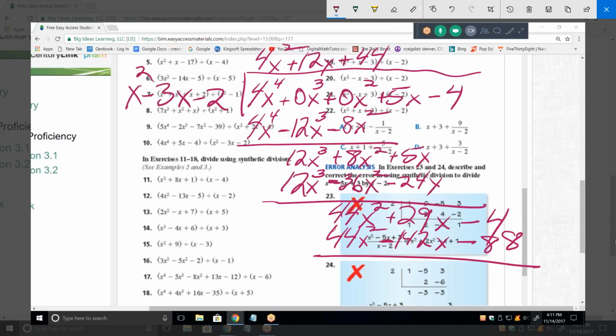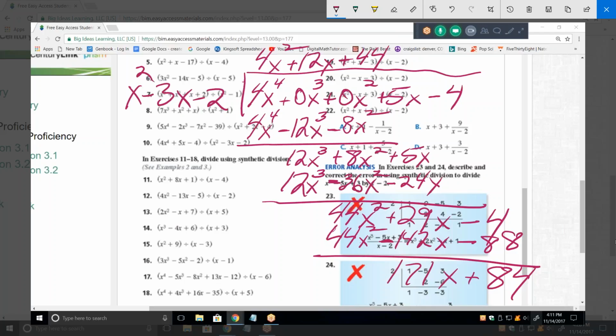So that gets you 171x plus 84. Now, you know you're done at this point because you cannot divide x squared into x. So that's how I know I'm down to my remainder.